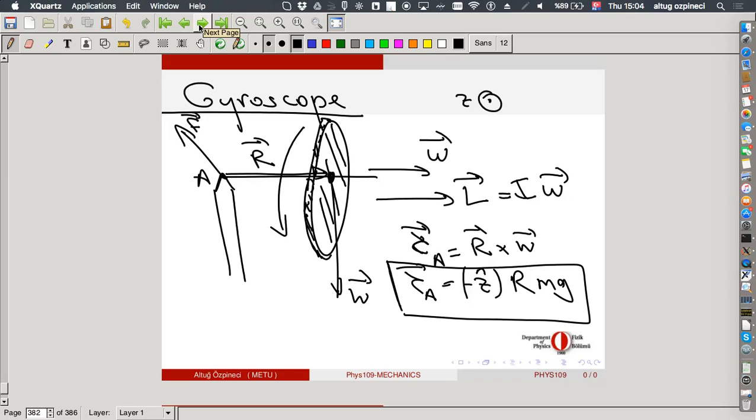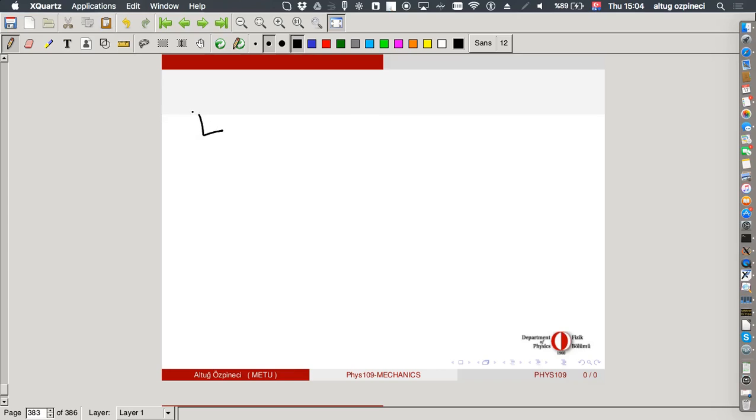So we already know that the torque is dL by dt. It's the rate of change of the angular momentum. So if you have the angular momentum at a given instant L0, at the next instant it will be L0 plus the torque times dt.